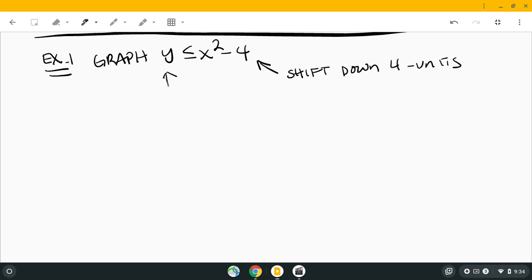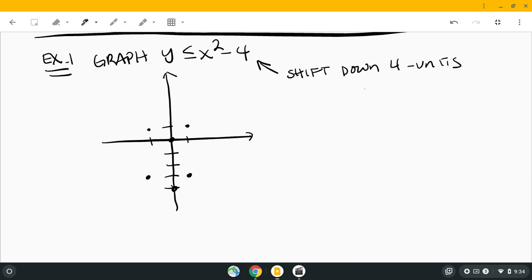Okay, so remember, these are the 3 original points, but now they're going to get shifted down 4 units. 1, 2, 3, 4. So that goes there. 1, 2, 3, 4. And 1, 2, 3, 4. Okay.